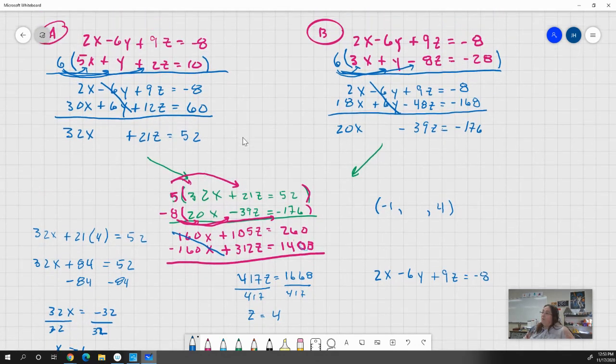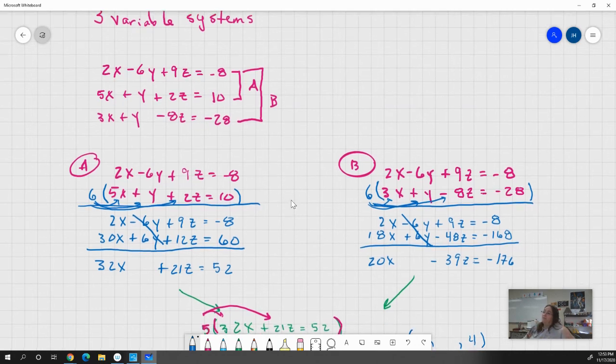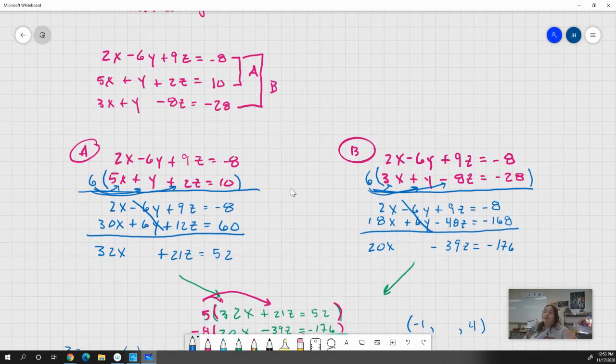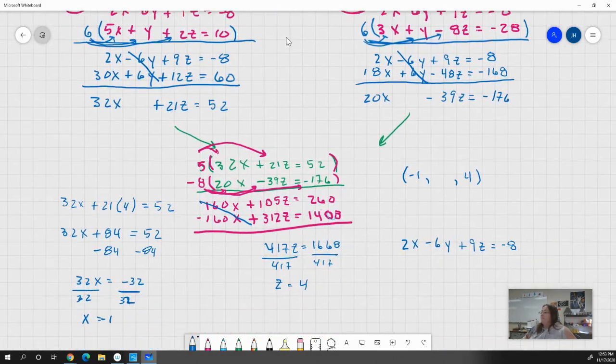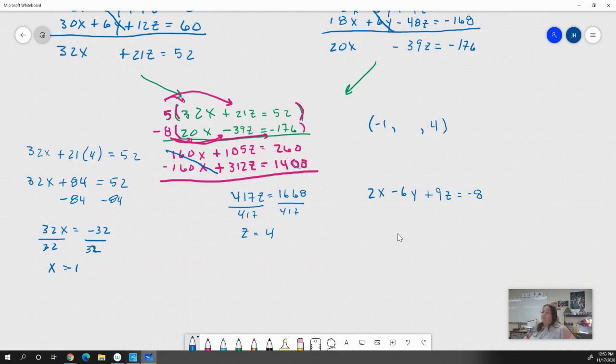It was our top equation. I could have chosen any of the three, right? Instead, I chose the most difficult one because if I had chosen one of the others, the y is already by itself. But it doesn't matter. No matter what equation we choose, it should give us the same answer for y.